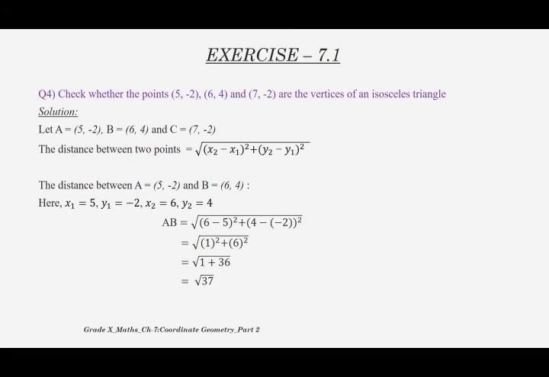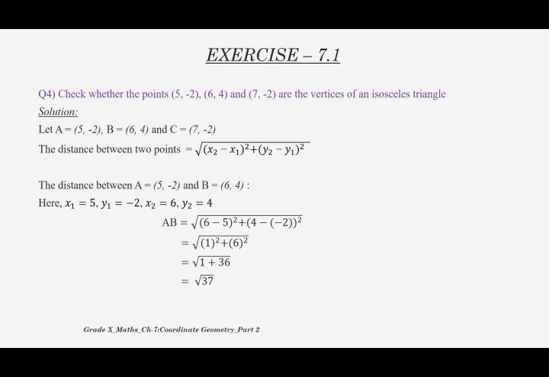Now we move on to question number 4. Check whether the points (5, minus 2), (6, 4) and (7, minus 2) are the vertices of an isosceles triangle. Again, we name the points A, B and C, and we write the distance formula also.